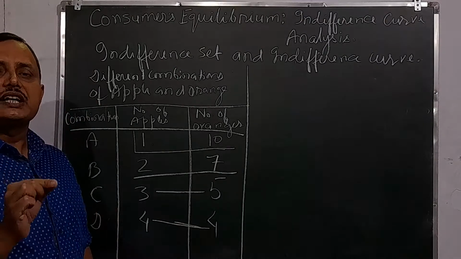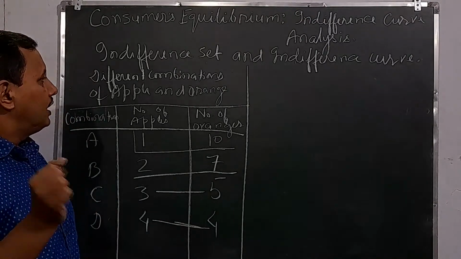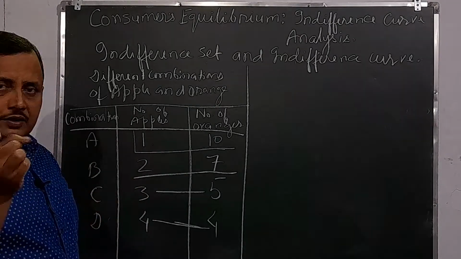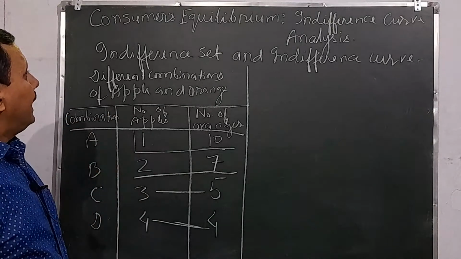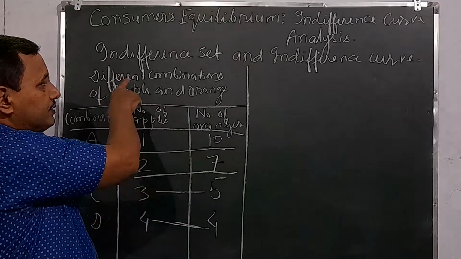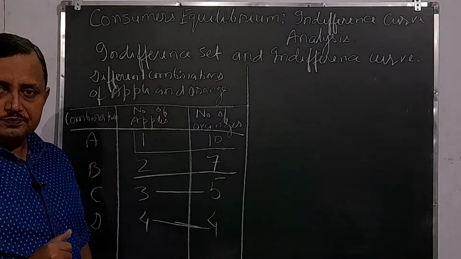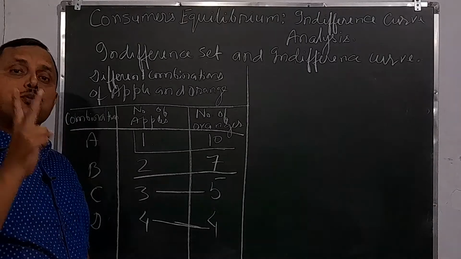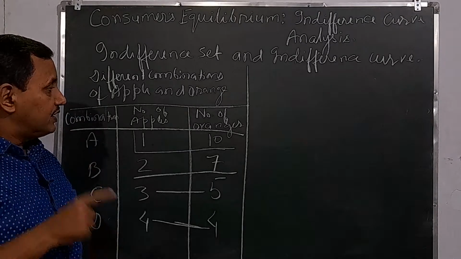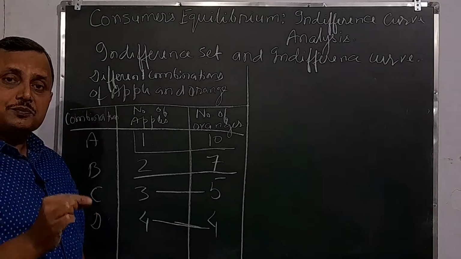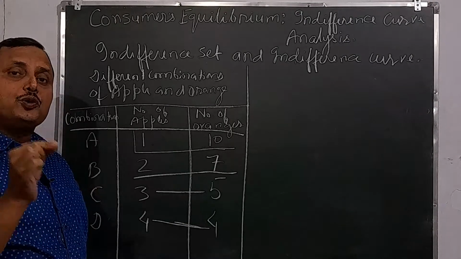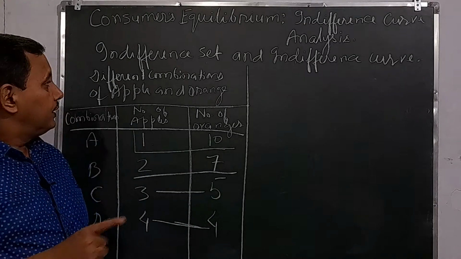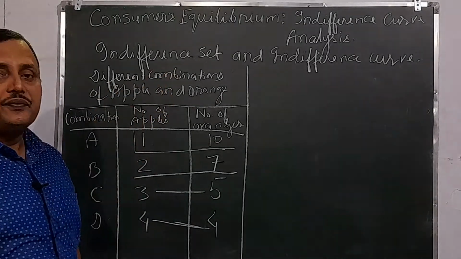So the consumer is indifferent across all combinations, and this set is known as the indifference set. So the indifference set shows various combinations of two goods in such a manner that the satisfaction or utility derived from each combination is equal.